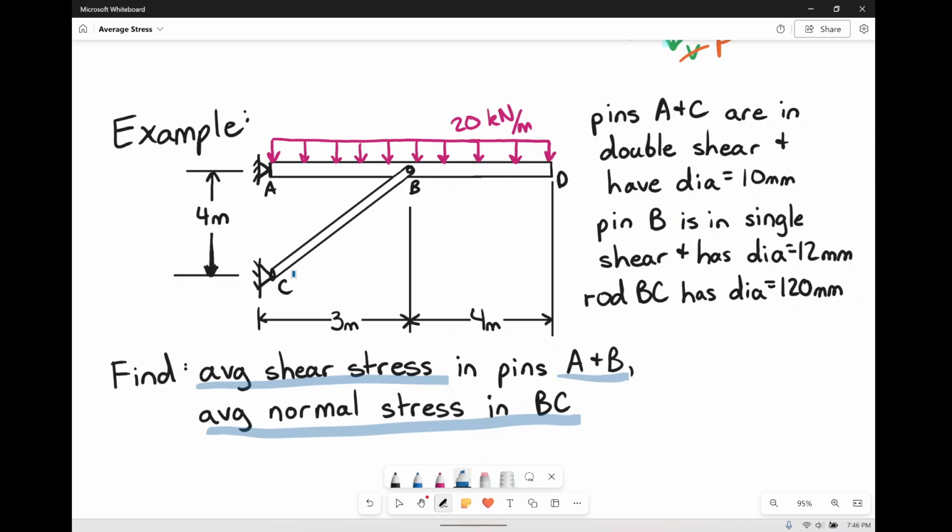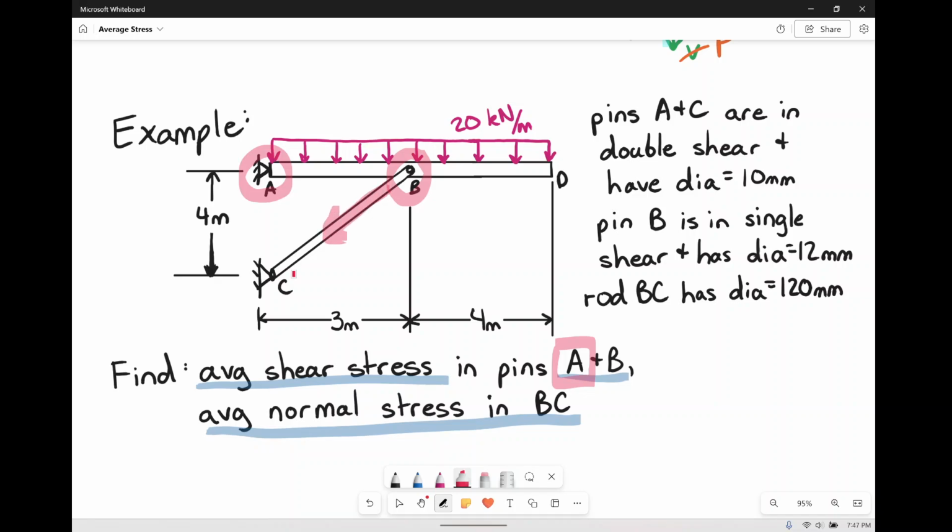So first things first, we need to find forces because you can't find stress if you don't know forces. So which forces do we need? Well, technically, in order to solve for these type of things, we need the resultants at A because we want to find the shear stress at A. We also want to find the shear stress at B. So I'm going to need to know what the force is going down BC.